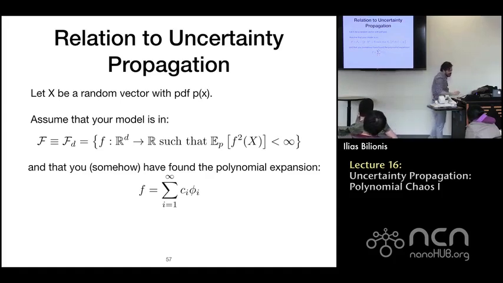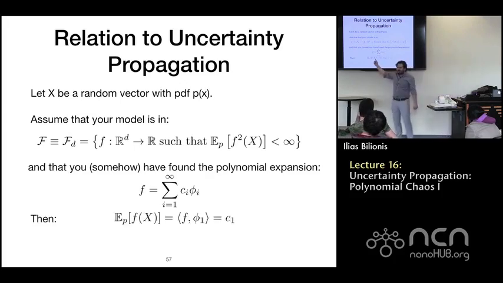Then the expectation of f of x, so the expectation of a quantity of interest that depends on your model, is just the first coefficient. How? The first polynomial is always the constant polynomial.